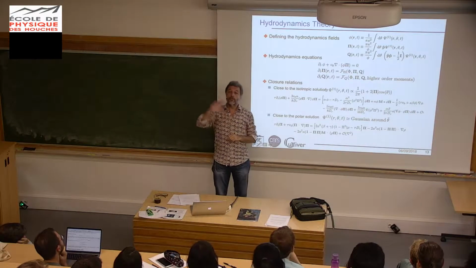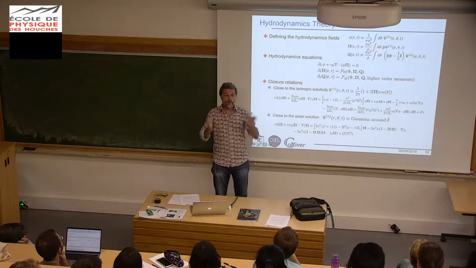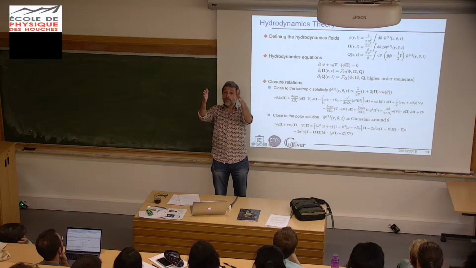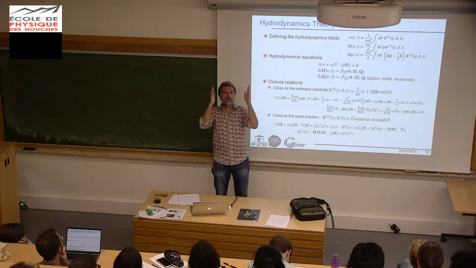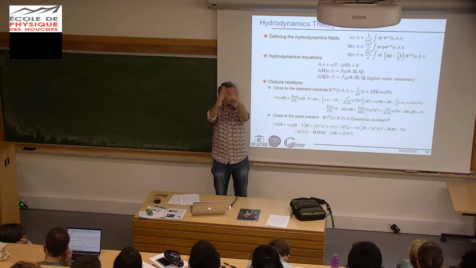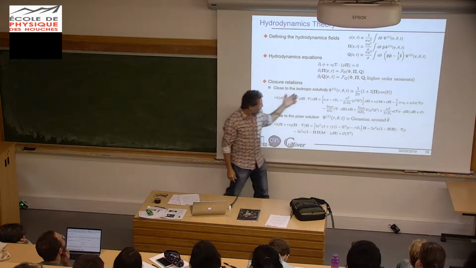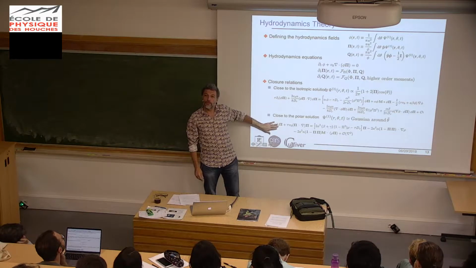Now, if you are close to the polar phase, you will make another assumption. You will say, close to the polar phase, mostly all particles are moving in the same direction. So I will say this is essentially my distribution, a delta function pointing in some direction plus some Gaussian fluctuations. You can do this. And if you do this, you will end up with another hydrodynamic equation.